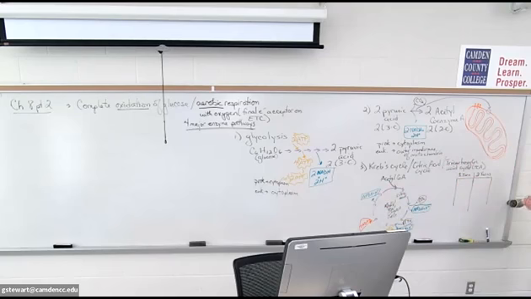So if I'm making my little table here, and I'm going to start with the carbon dioxides, how many carbon dioxides do I produce if I go around once? 2. If I go around twice? 4. Very good. How many NADH molecules am I going to produce? 3, he says.